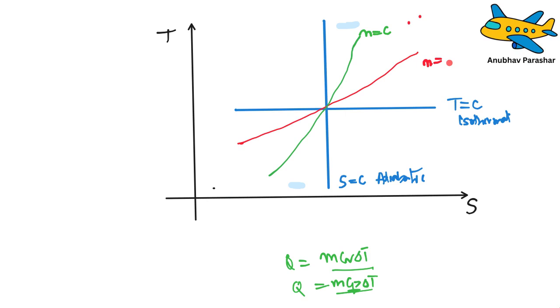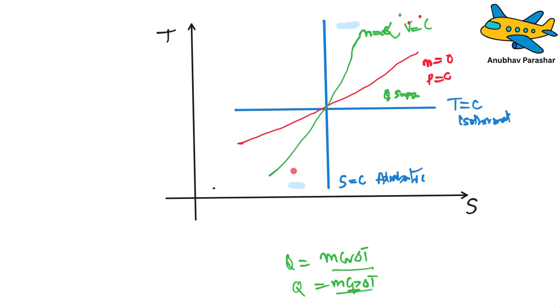So this is going to be n is equal to 0, that is pressure is equal to constant. And n is equal to infinity, that is volume is equal to constant, for the upper graph. So this is how the TS diagram will look like. In the first quadrant is heat supplied, right?